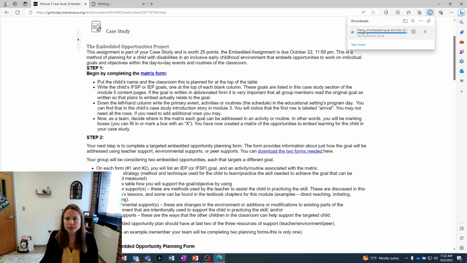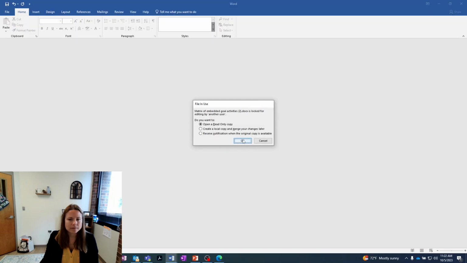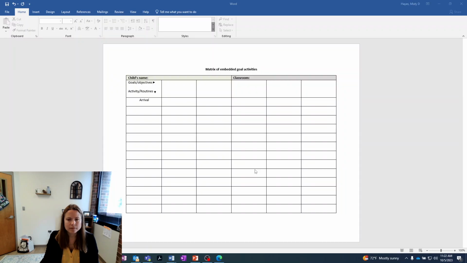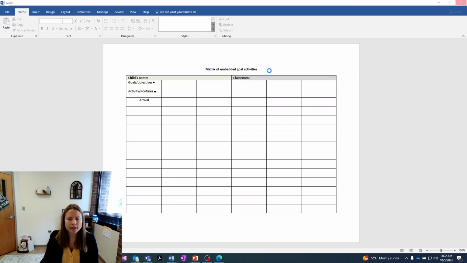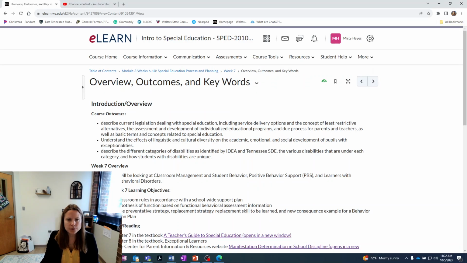It's going to download. And you should be able to type in it. So this is what the form will look like. This is the matrix of embedded goal activities. Now remember, all these forms will have to be used to complete this assignment. So let's go back to where we were.